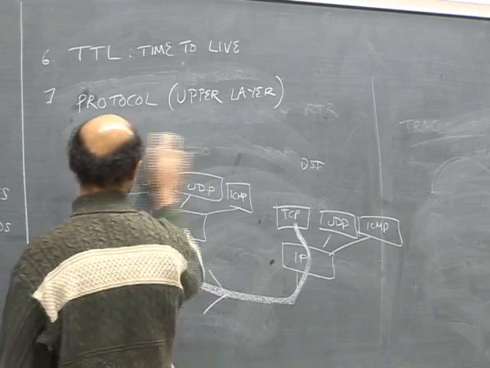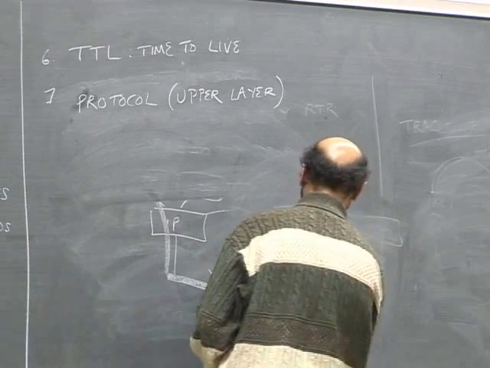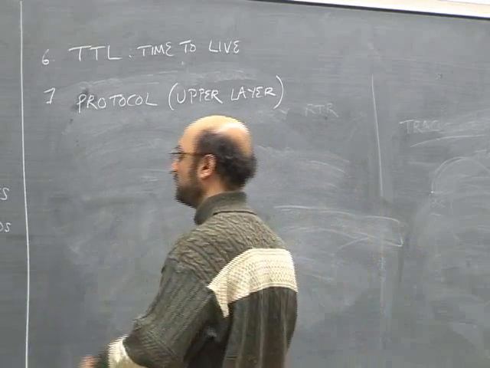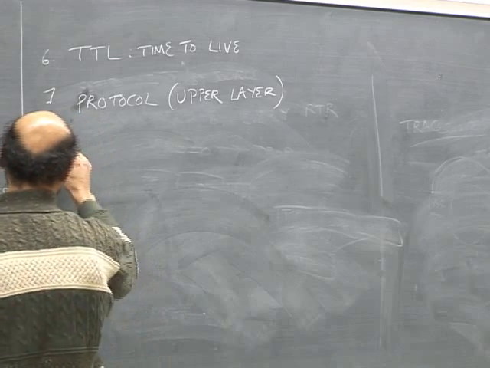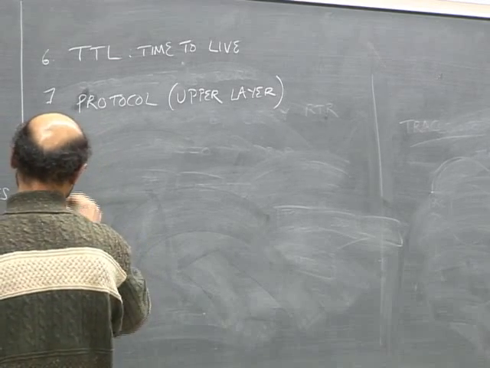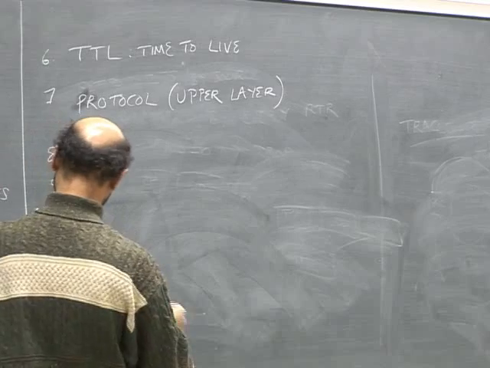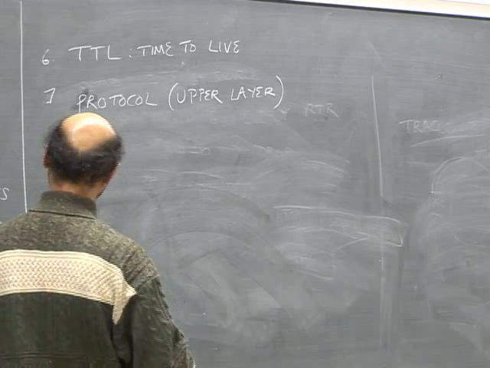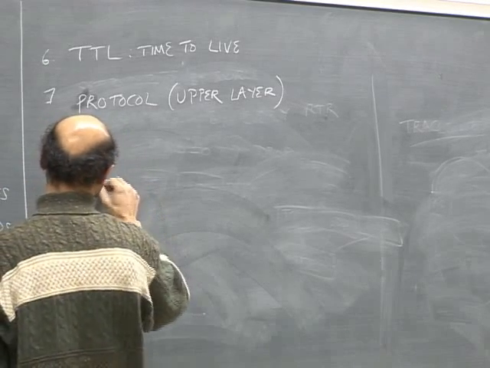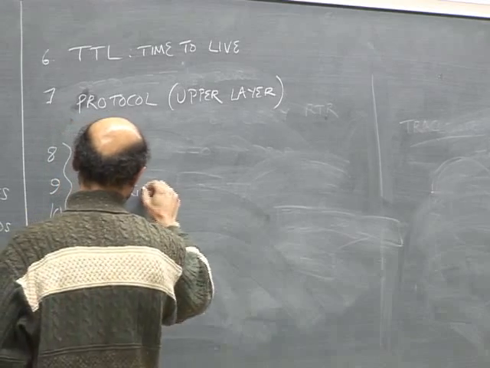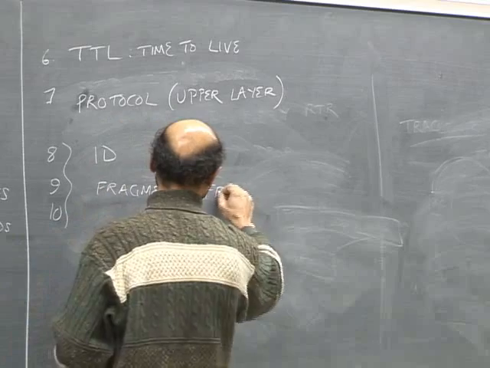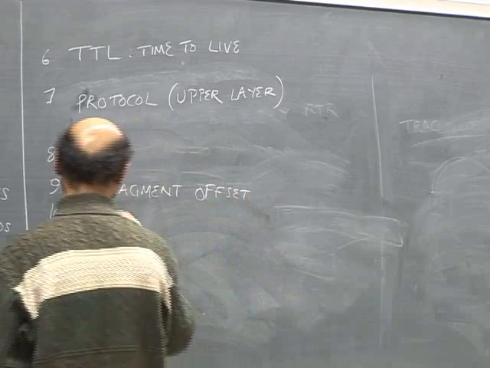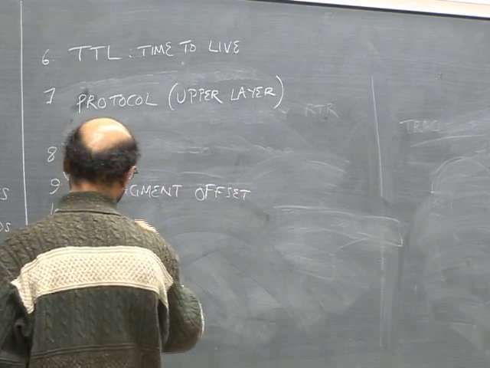Pretty straightforward. Now the 3 more fields which go together, I'll write them all at the same time because they are 8, 9, and 10. It's the ID, the fragment offset, and the fragment flags.